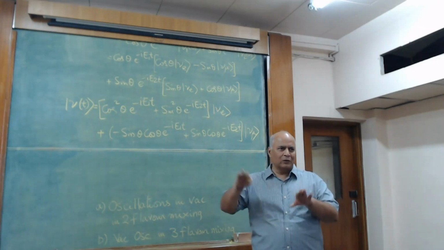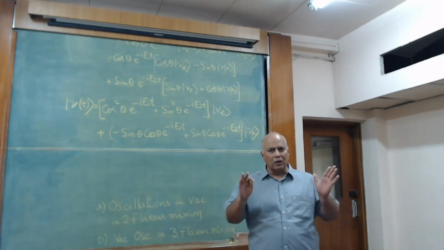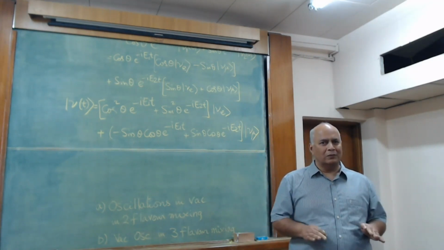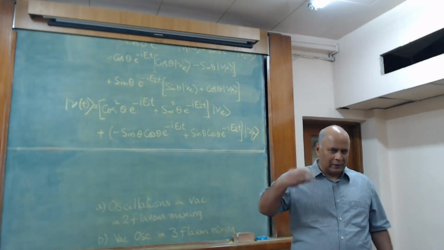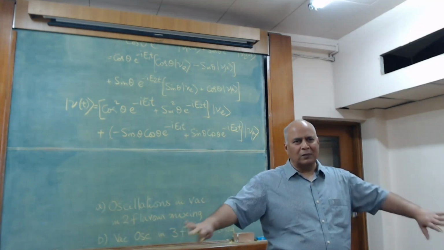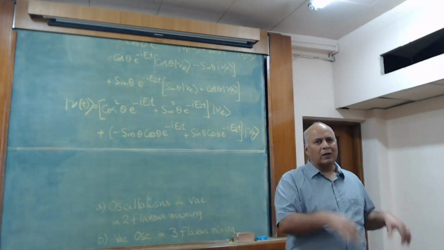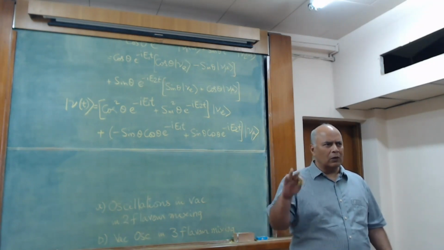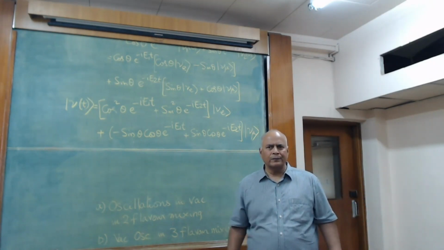We'll only assume that the energies are different. That is the equal momentum approximation to keep the algebra simple. If you want the full algebra to be worked out, I suggest you read the corresponding chapter in the book of Giunti and Kim. It's called Physics and Astrophysics of Neutrinos.